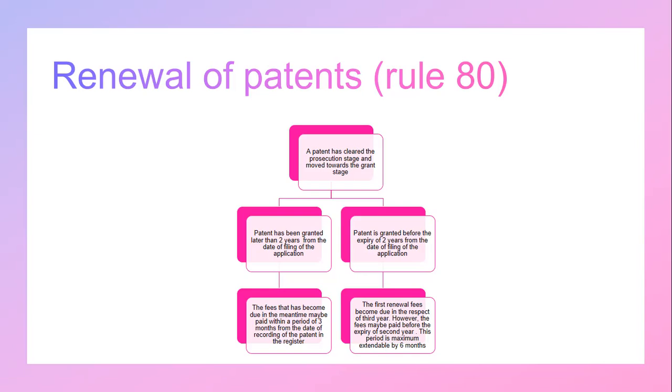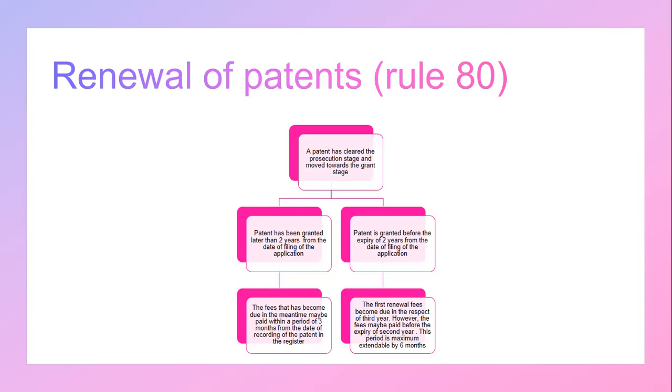I have not really seen a question on Rule 80, but you have to remember that once a patent is moving towards the grant stage, you have to ensure that you are renewing your patent. So you have to see whether it is granted later than 2 years from the date of filing or before 2 years. If it is later, then whatever fees have become due, you have to pay within 3 months from the date of recording of the patent in the register.